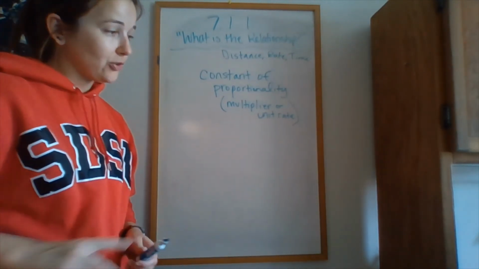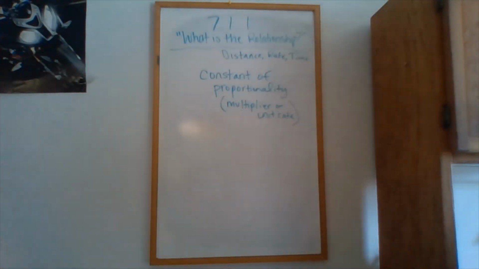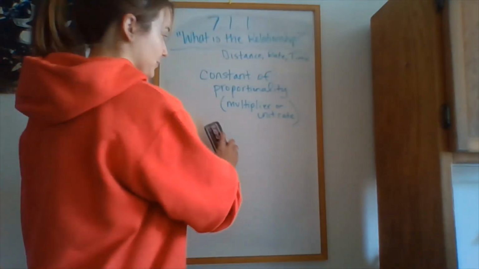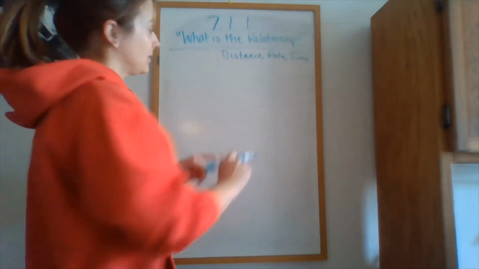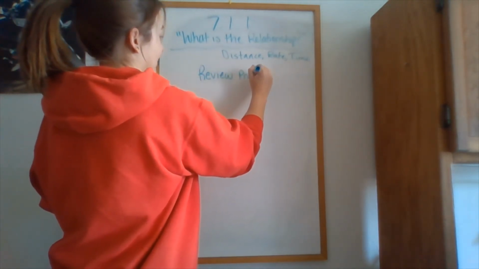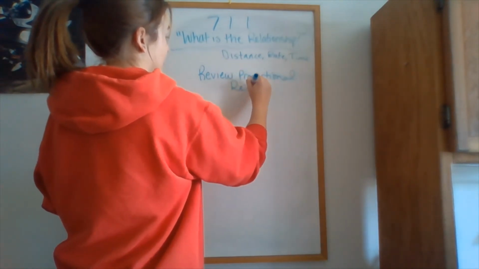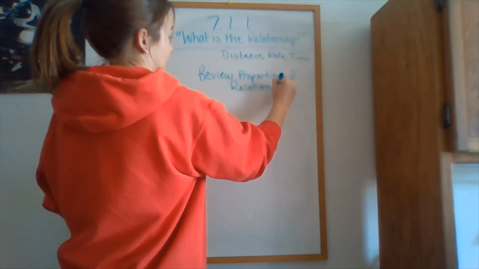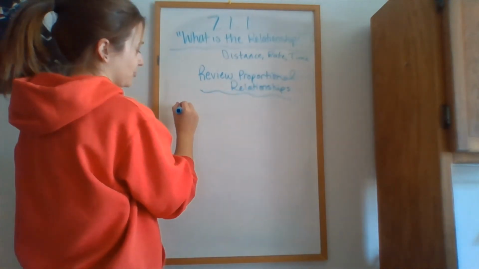Okay, the last thing we're doing is, I don't even think there's a learning log. Nope, there's no learning log, but I did want to review proportional relationships. And I do want you to write it down because it's important to know these characteristics of proportions.